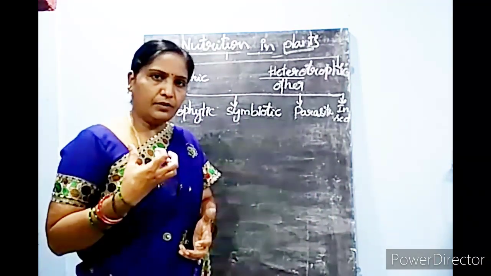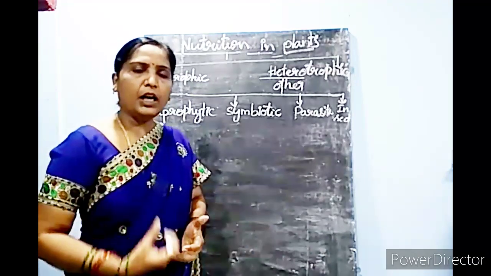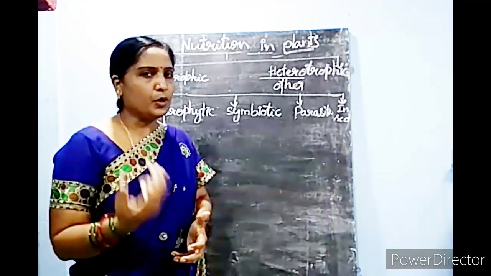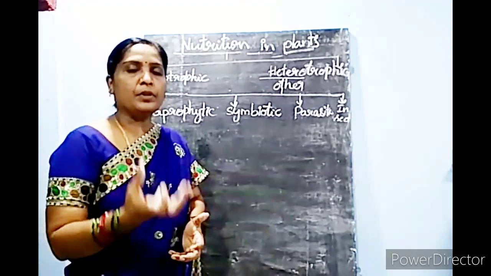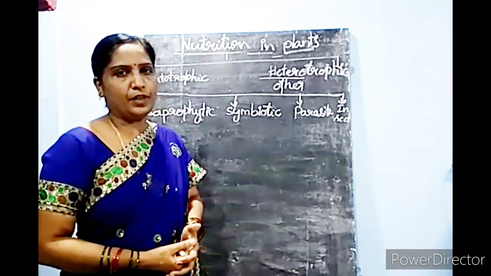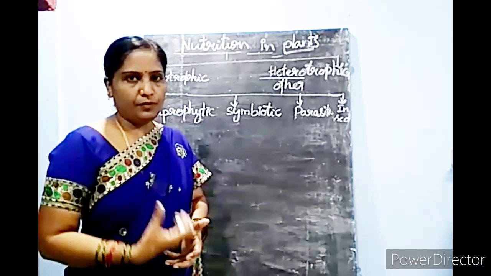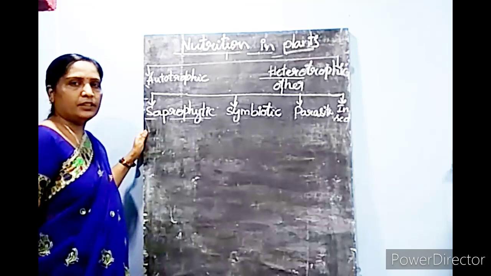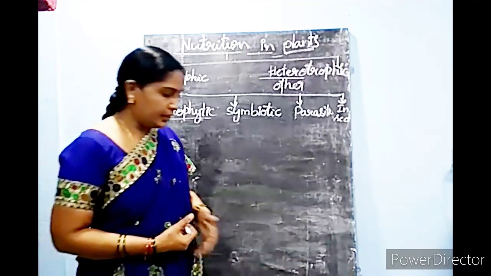What is the meaning of saprophytic and how do they undergo photosynthesis? Photosynthesis process will not take place in them. Then how do these saprophytes obtain their food? We'll see now. To understand this saprophyte, you can do one small experiment.